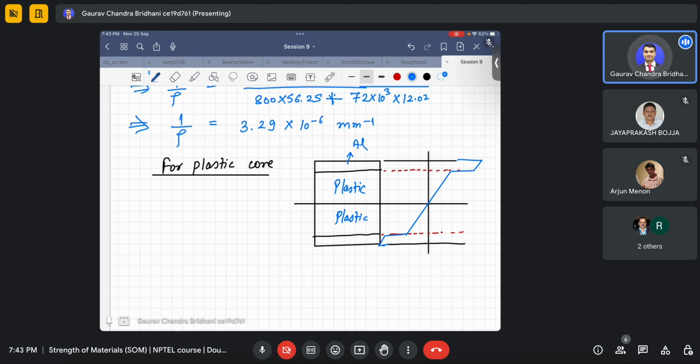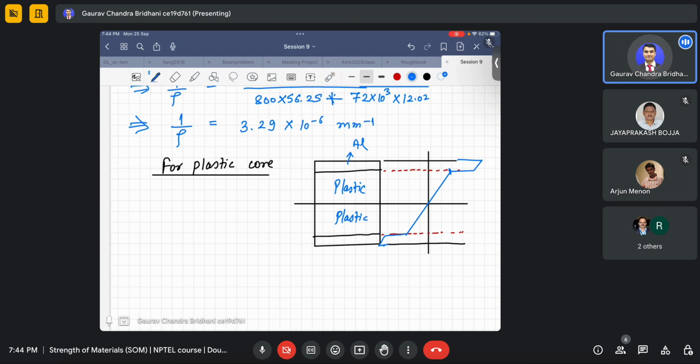The maximum stress in the plastic core comes at the interface of the plastic and aluminum. From this diagram I know at what y I need to find the maximum, and I know how to find that.